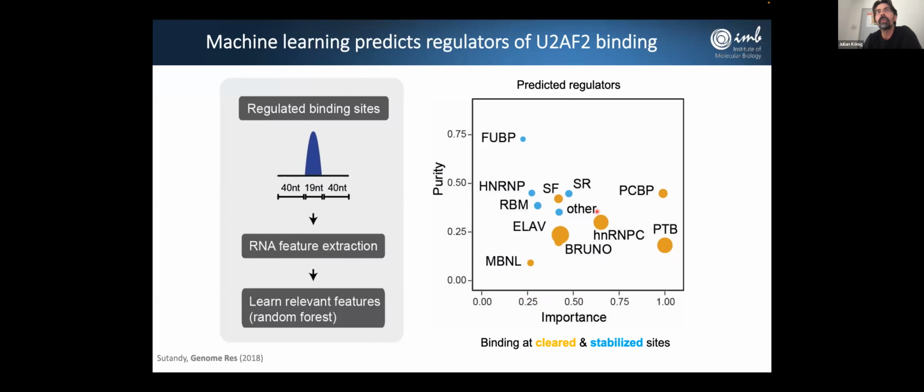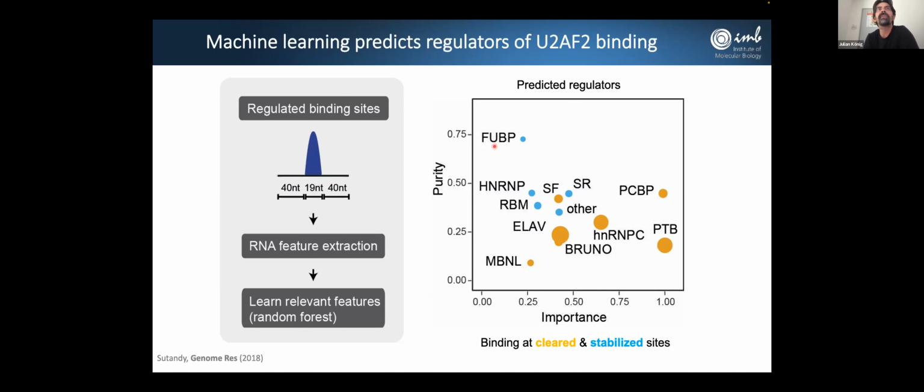And this included, for example, HNRNPC and PTB that were nice positive controls, because we and others had already shown before that these proteins can compete with U2AF65 binding, and consistently we identify these binding motifs here at sites that are cleared in vivo. And then on the other hand, we also identify factors that can stabilize U2AF2 binding.